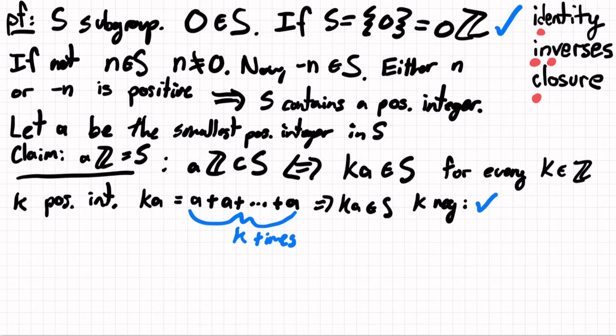And if K is 0, well, 0 is already in S by the fact that S is a subgroup by the identity axiom. So K0, well, I already know that.